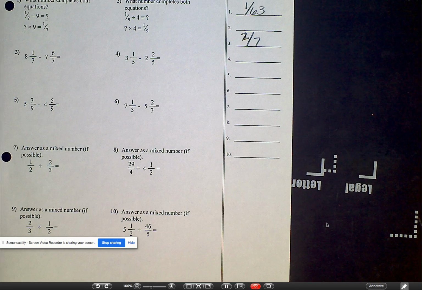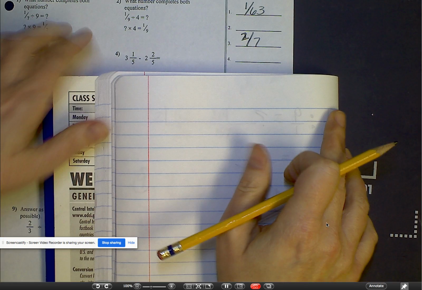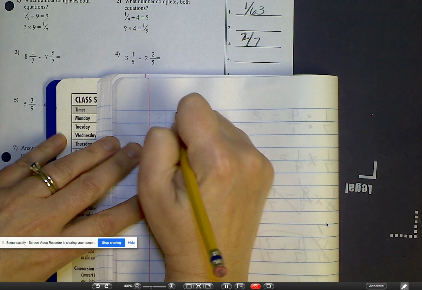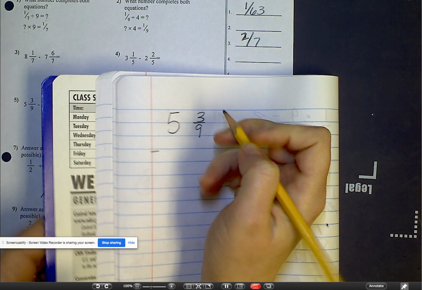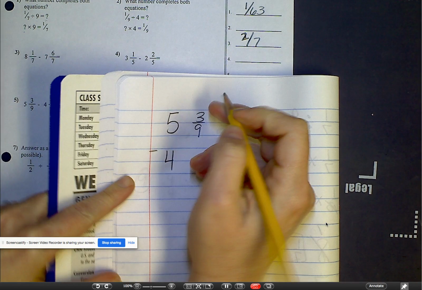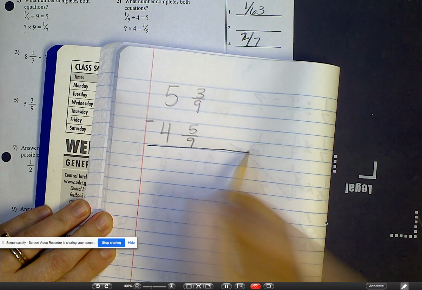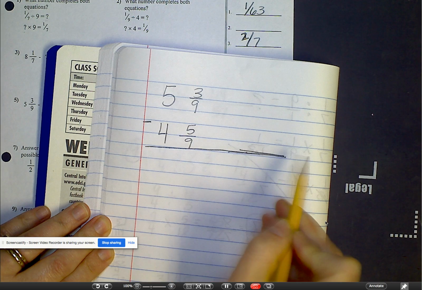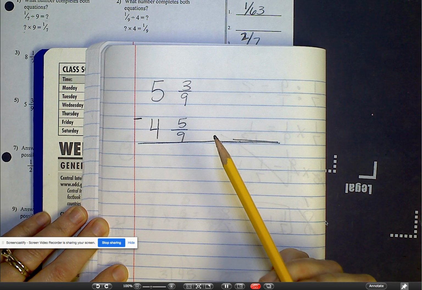All right, number 5, we have 5 and 3/9 minus 4 and 5/9, right? Okay, so what I'm going to do here is the first thing I do is I make sure that I have a common denominator, which I do.